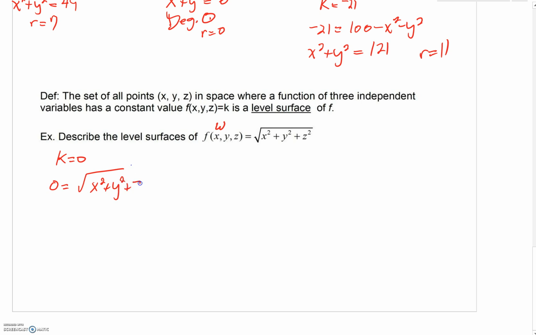You can think, well, what would that look like? Well, if we squared both sides, we'd have this. And this is a sphere, isn't it? But it's going to be a degenerate sphere. Centered at 0, 0, 0.